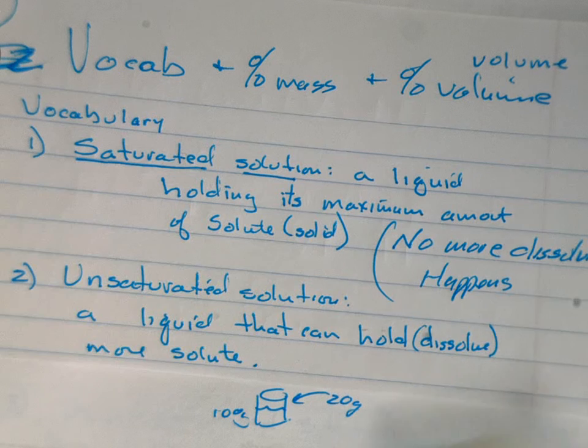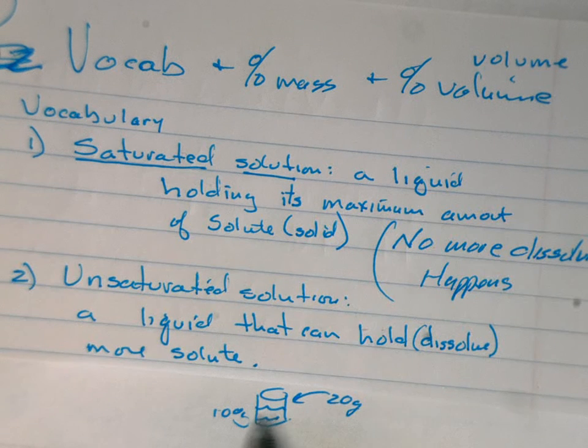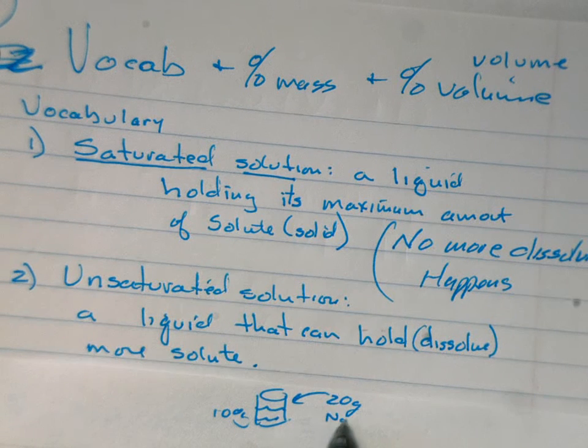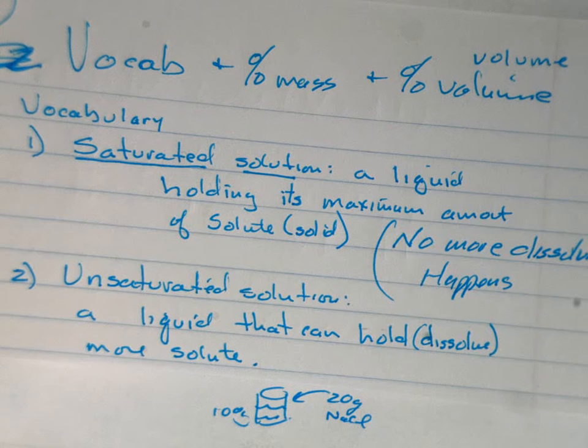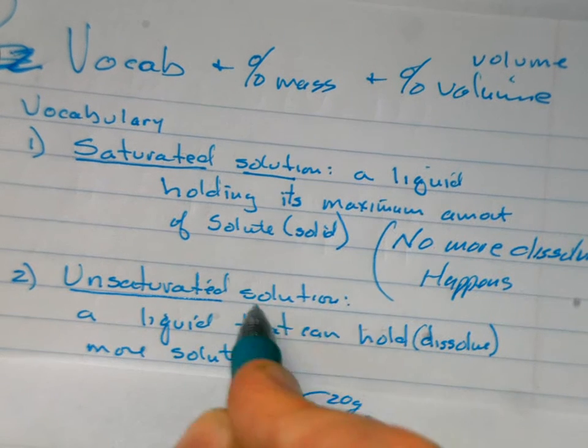I asked you to put about 20 grams in there. And those of you that did that, I think you found that it all dissolved, didn't it? Pretty much. Yeah. Pretty much dissolved, okay. Because at that point, when we only had 20 grams of salt in there, you had an unsaturated solution. The water could still hold more of the solute. The water could still hold a little bit more. So that's called unsaturated solution.